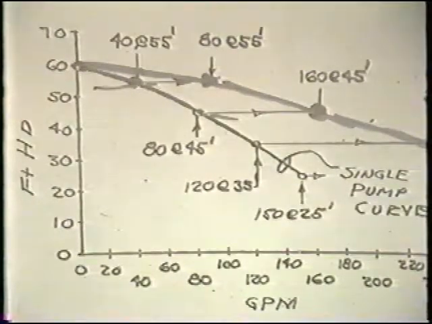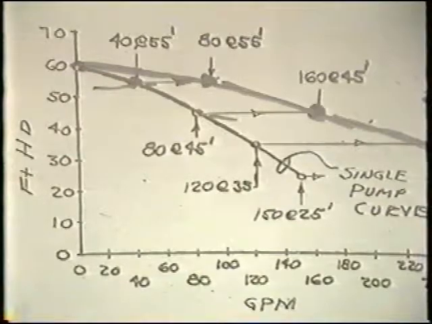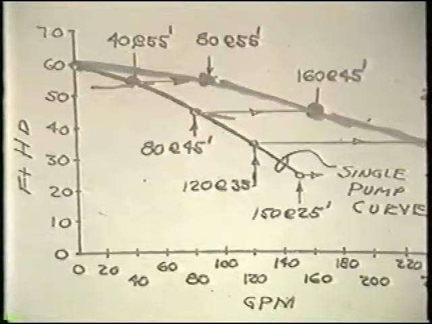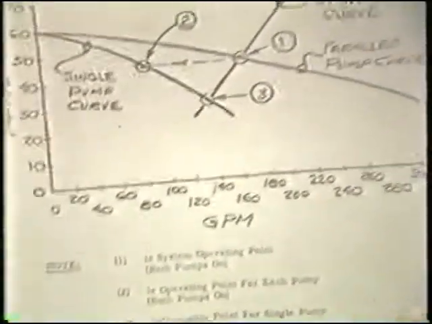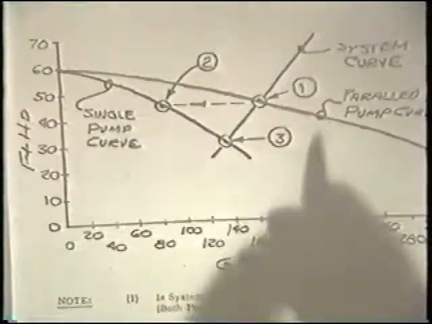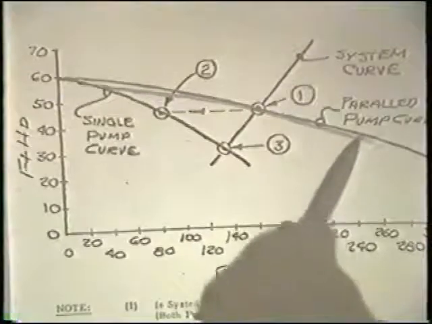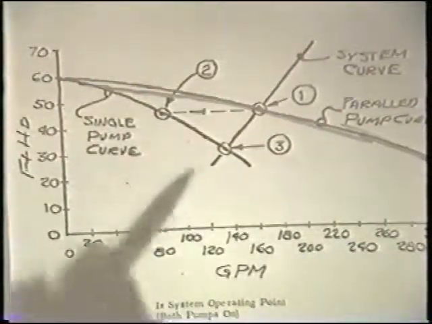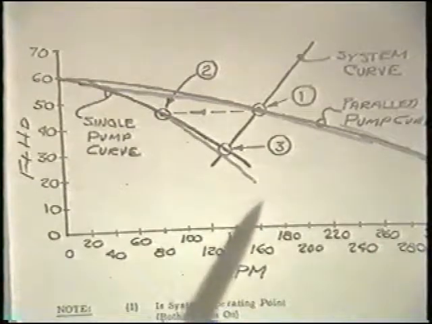Now then, the question is, what happens on a parallel pump application when only one pump is in operation? And this is defined again by the system curve. This illustrates the developed curve used for parallel operation as developed from the single pump curve.